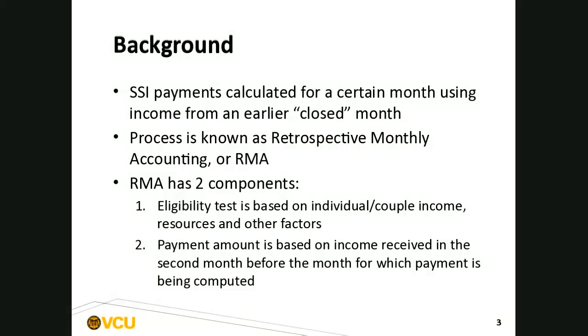And then separate from that, the amount the person gets, with the retrospective monthly accounting cycle, is actually based not on the income they got last month, but the month before that. So the second month before what we're talking about right now. We're in the month of May, and in terms of retrospective monthly accounting, my SSI benefit amount for May would be based on my income that I received in March.